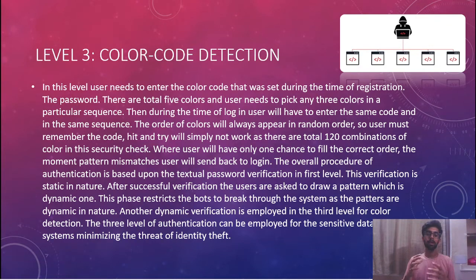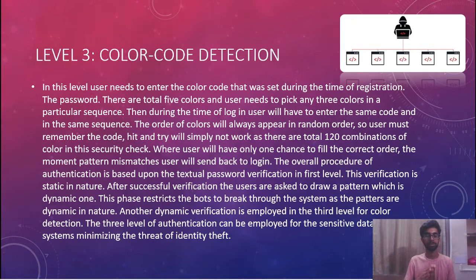The user will have only one chance to fill in the correct order. The moment the pattern mismatches, the user will be sent back to the login. The overall procedure of authentication is based on the textual password verification in the first level. The verification is static in nature. After successful verification, the user is asked to draw a pattern, which is dynamic.